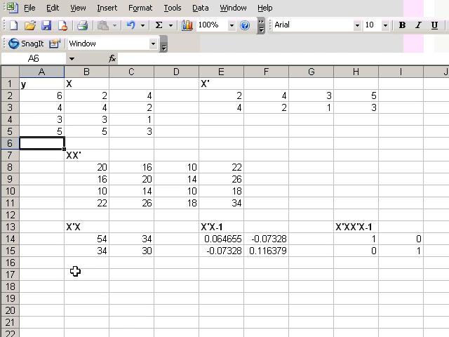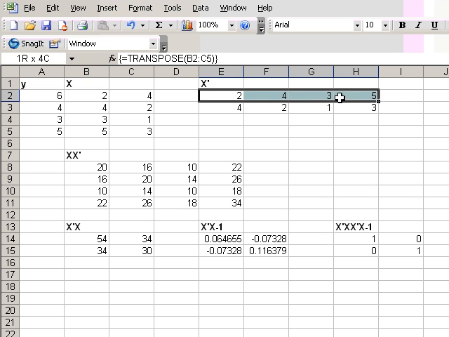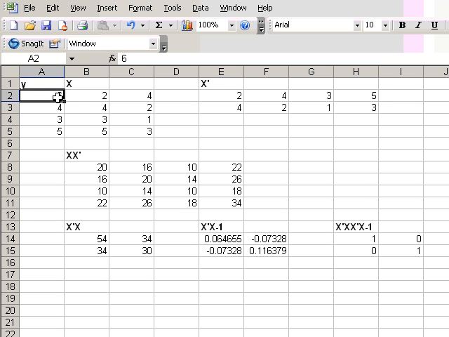Now, I can also multiply x prime times y, and I'll do that right here. Because y is 1 column, x prime times y is going to be 2 rows times 1 column.